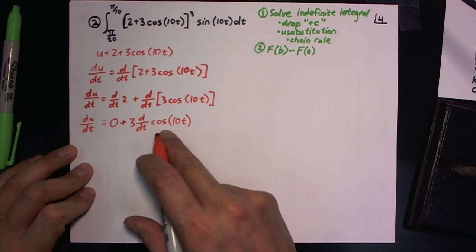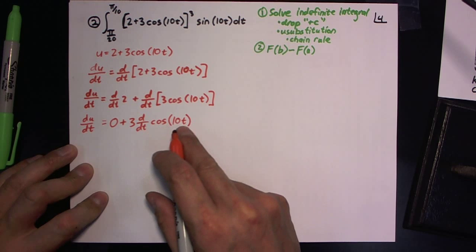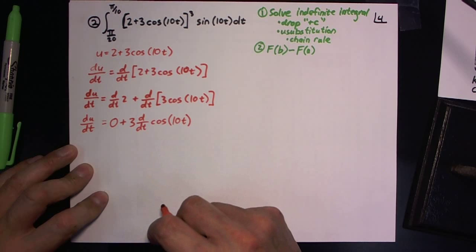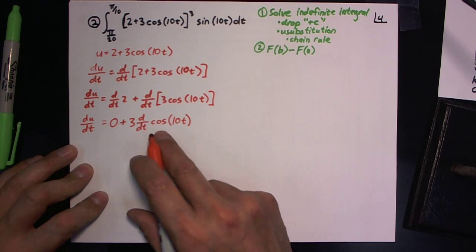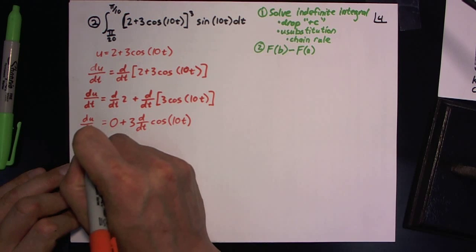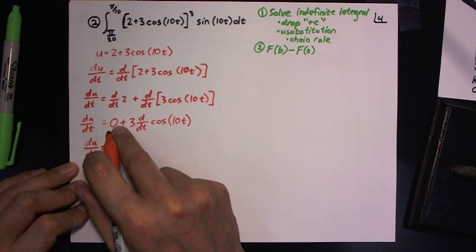Alright, now, we know how to take the derivative of cosine of t, but we've got cosine of 10t. And since we've got an inner function and an outer function, that means we use the chain rule. So, this is going to be, I'm going to drop this 0 over here.